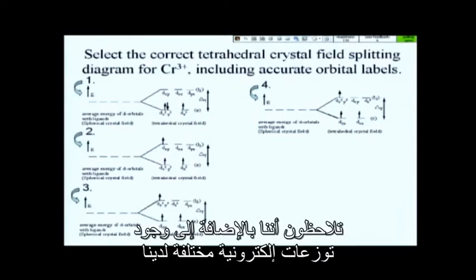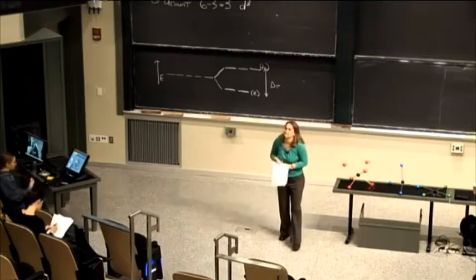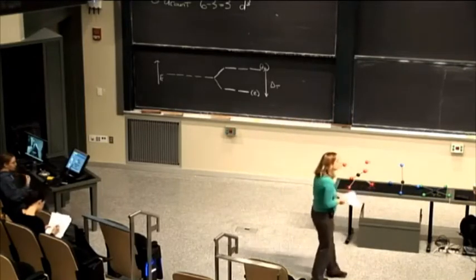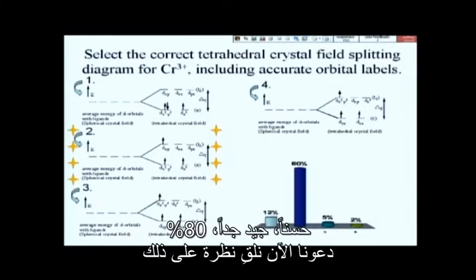So notice that in addition to having electron configurations that are different, the d orbitals are labeled differently. OK, very good, 80%.